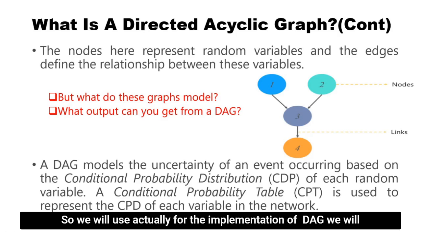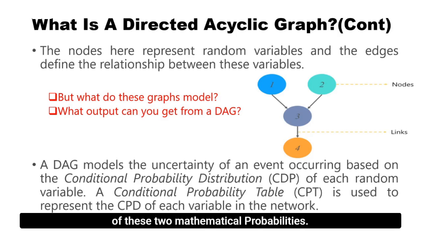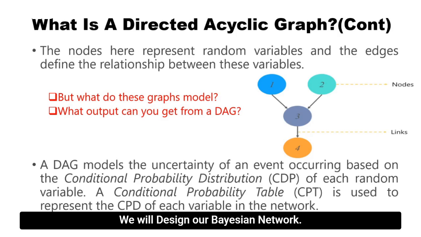So for the implementation of a DAG, we will use the conditional probability table, conditional probability, and the second one is joint probability, and with the help of these two mathematical probabilities we will design our Bayesian network.